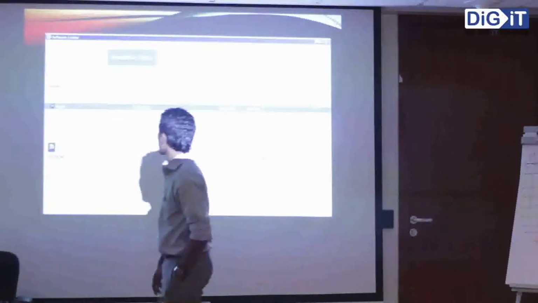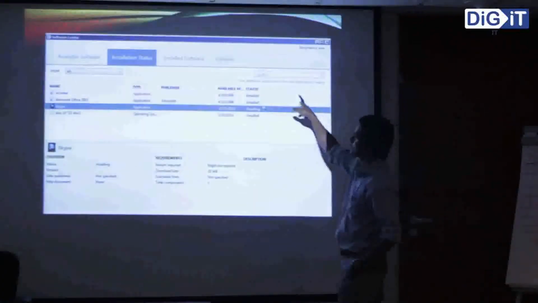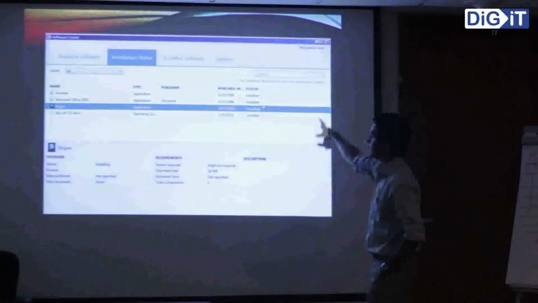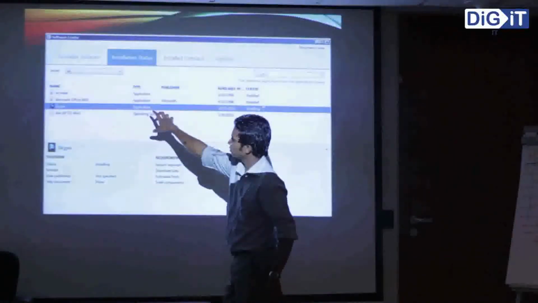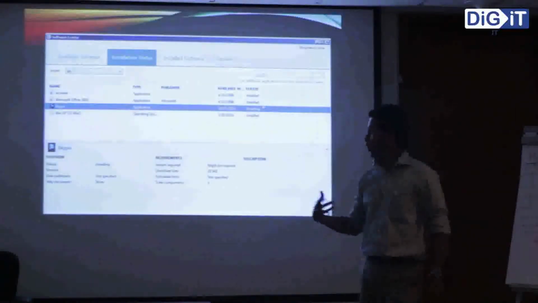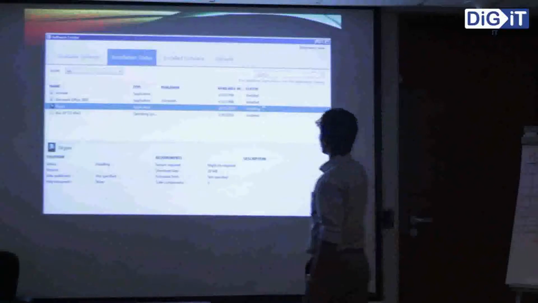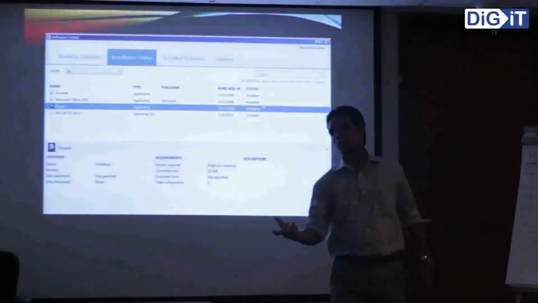Right? So now if you are going to use the SCCM, so we can have a software portal like this. So there you can publish all the applications you want to install, right? So whenever you want, you can deploy it using the console, or else users can request it from you.